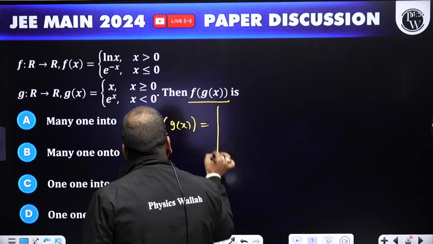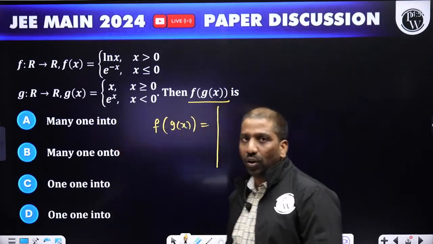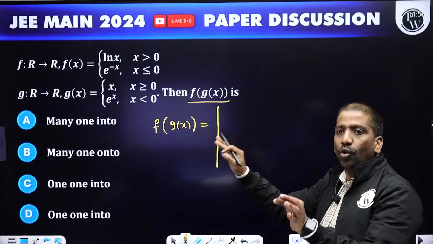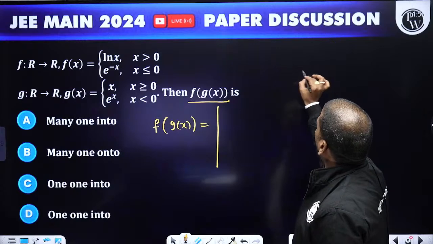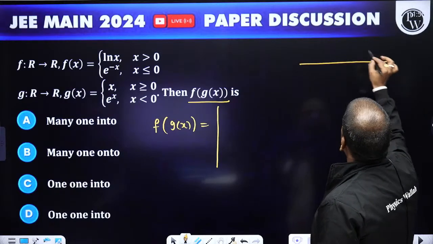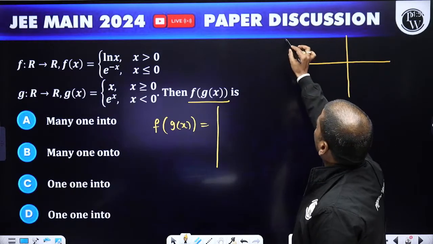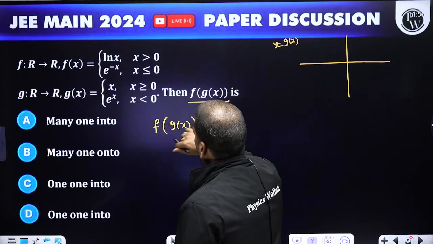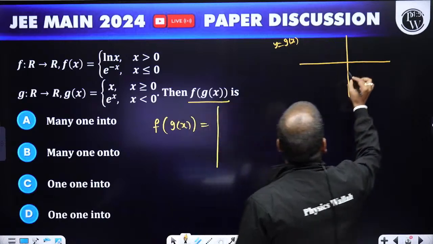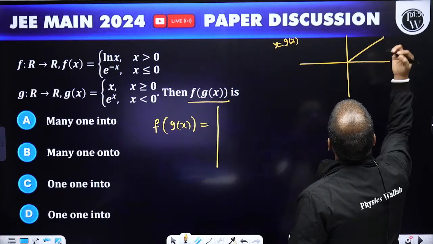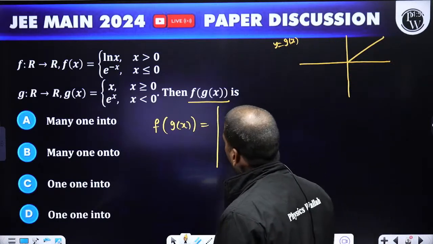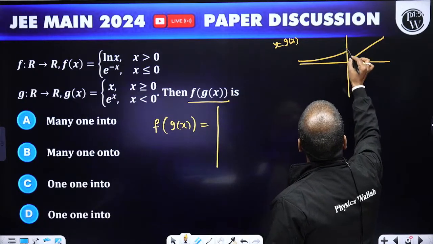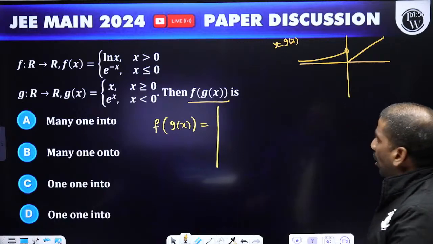Instead of writing 4 cases, since these are very simple and known graphs, I go with graphs. So I am taking the g of x graph, y is equal to g of x. What is the g of x graph? For x greater than or equal to 0, y is equal to x. For x less than 0, e power x. This is g of x.